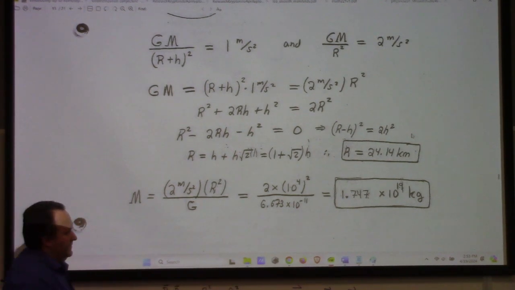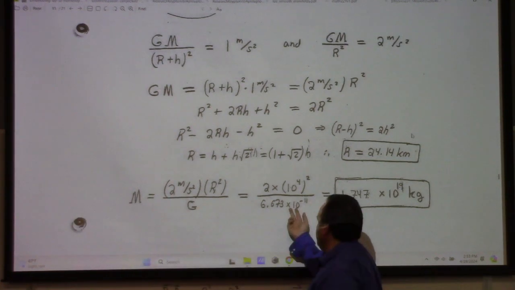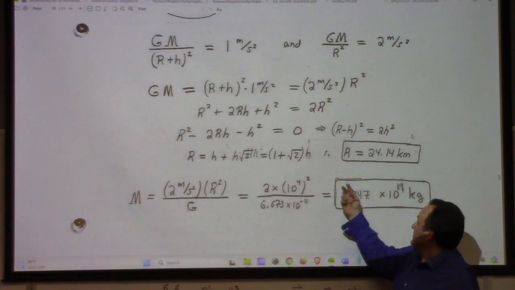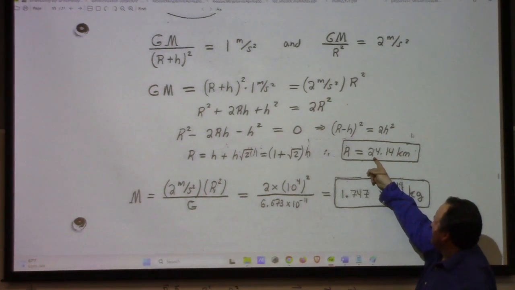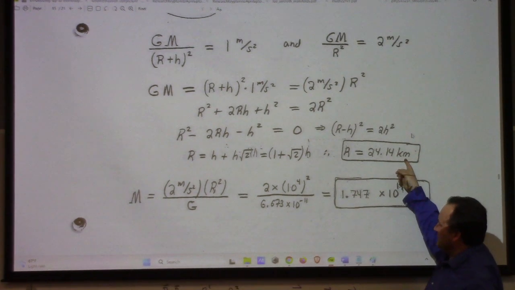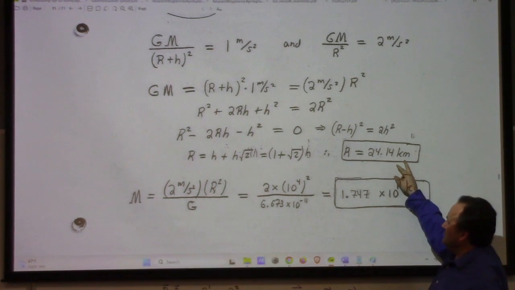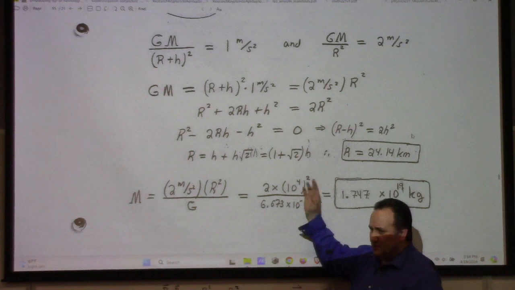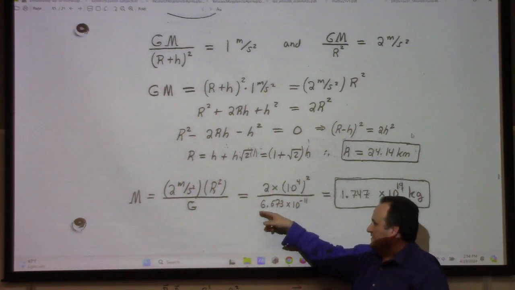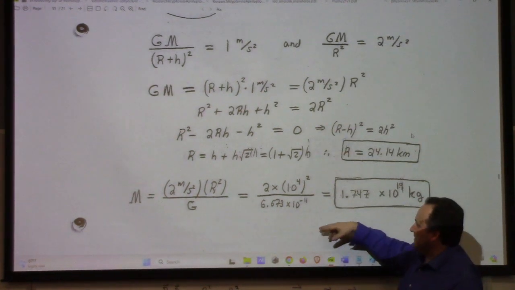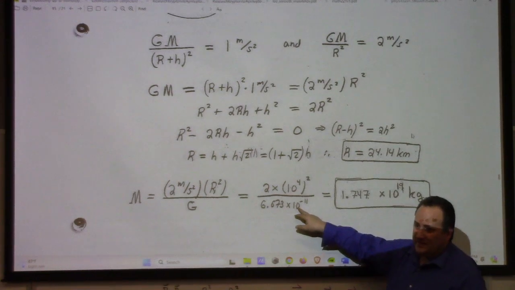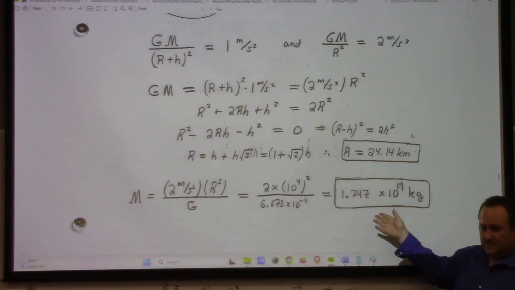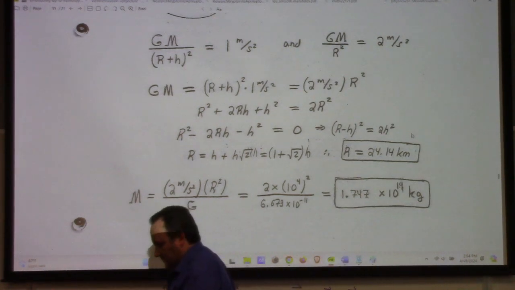Just to verify, this is 10 to the minus 11th downstairs, right? And this is actually 2 times 10 to the 4th. So you've got roughly a 2 times a 2 times a 2, so the 2s and the 6 kind of cancel out. Really, you're just left with a 10 to the 8th over 10 to the minus 11th, which is 10 to the 19. This makes sense, magnitude-wise.